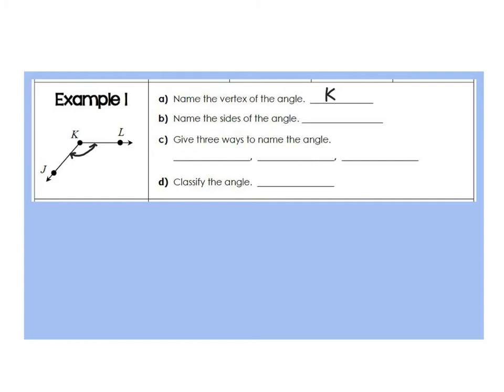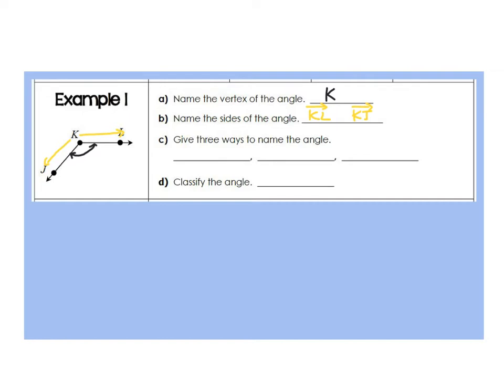We have this one, KL. Because it's a ray, I'm supposed to write a little arrow on the top going to the right. Okay? And then we have the other piece, which is KJ, and again, the arrow on top going to the right.